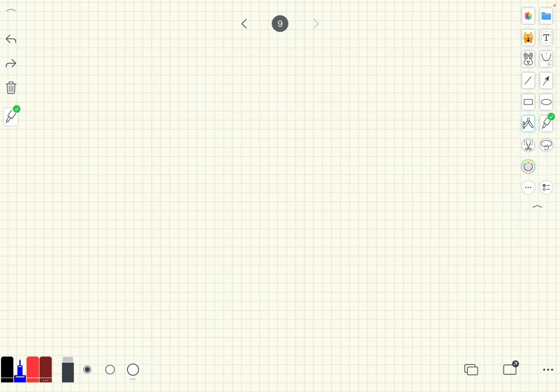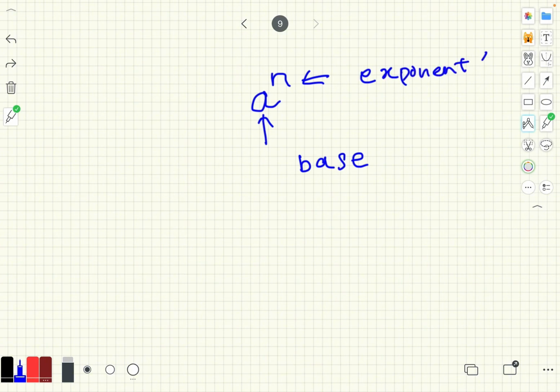What is an exponent? Let's begin with the meaning of an exponent. Just say a^n. Here a is called the base and n is called the exponent or power. It simply means multiply a by itself n times.